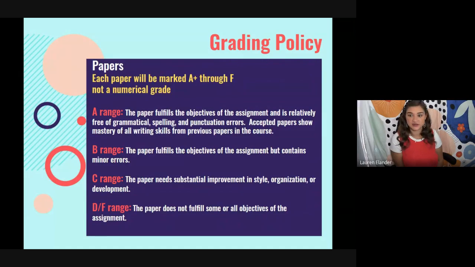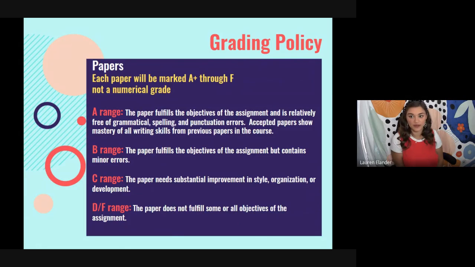So basically, what that means is we are not going to break down a 94 or a 98. Both a 94 and a 98 will get a 4.0 on their college transcripts, which is really nice. But that also means if you get a 79, that's still a C, even if an 80 is a B. There's no difference in your GPA.